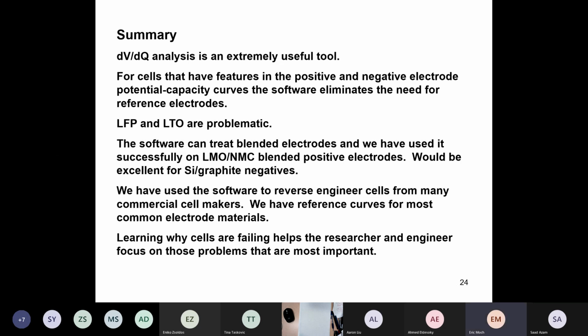Hey Jeff, is the DVDQ analysis mostly used to get an idea of the active material loss and inventory loss, or are there other things you can extract from this analysis? Well, in principle, imagine you had a mixed silicon graphite negative. You could say, we start with 10 weight% silicon, and after 100 cycles, how much of the silicon is active anymore?